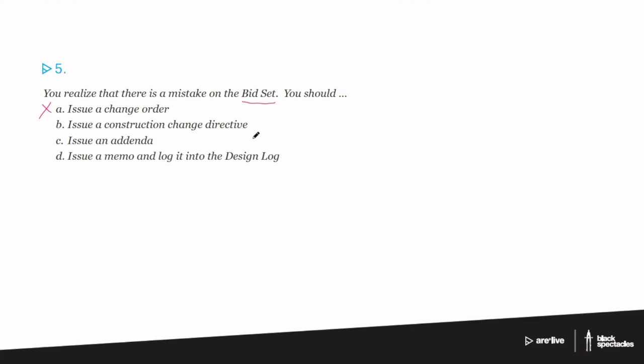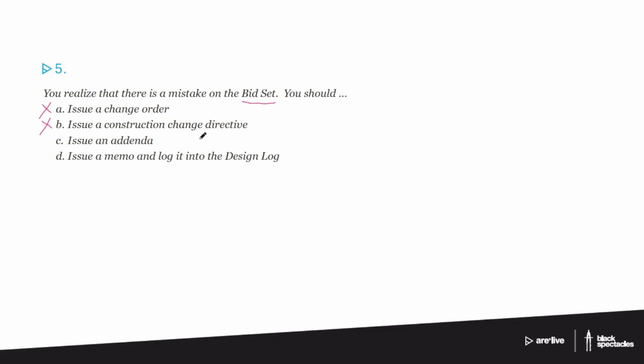So in certain situations, pretty rare, when the negotiations just aren't going anywhere but you need to keep the project going, instead of a change order you would do a construction change directive. But you've probably noticed it's essentially a change order system, which means there has to be a contract. There has to be the GC and not just bidders. So that one also isn't the right answer.